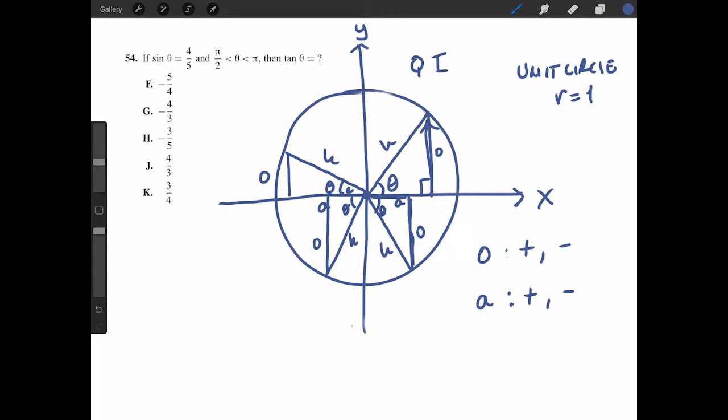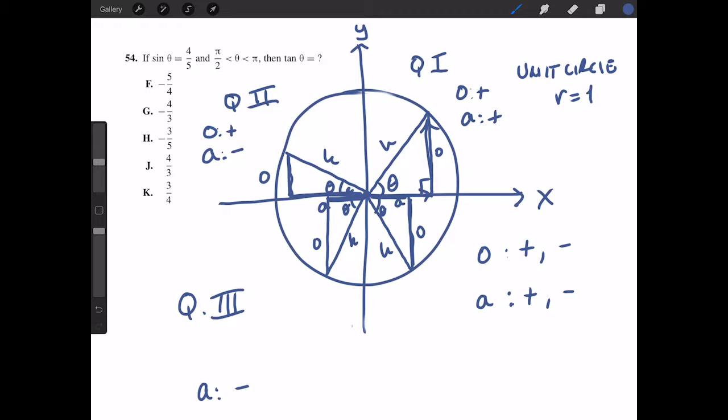In quadrant 1, the opposite above the x-axis, the adjacent to the right of the y-axis. So in quadrant 1, the opposite side is positive, the adjacent side is positive. But what about quadrant 2? Well, here, the opposite side is above the x-axis, so the opposite side is positive, but the adjacent side, we saw that earlier, is to the left of the y-axis, so the adjacent side is negative. In quadrant 3, look what happens.